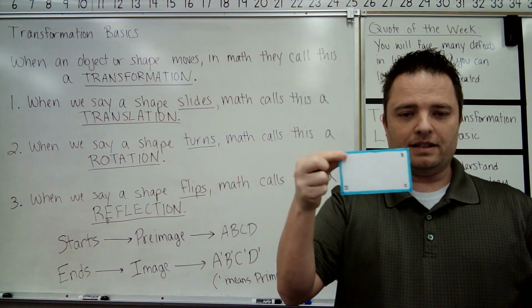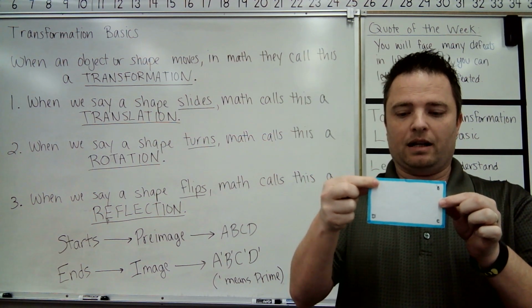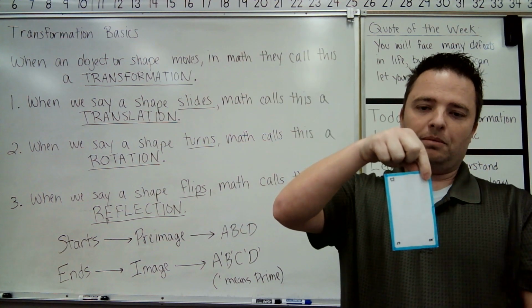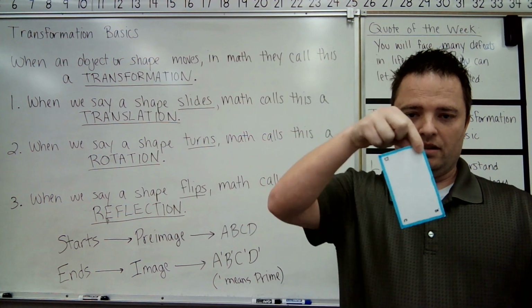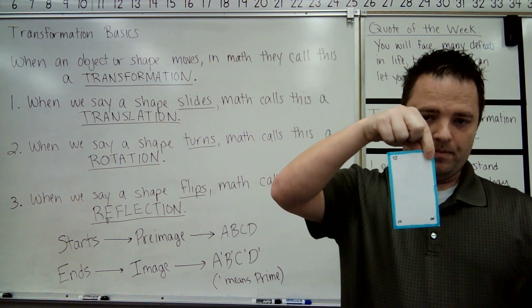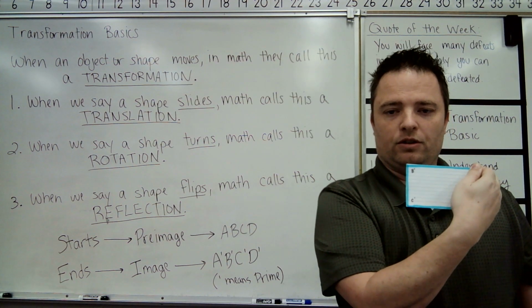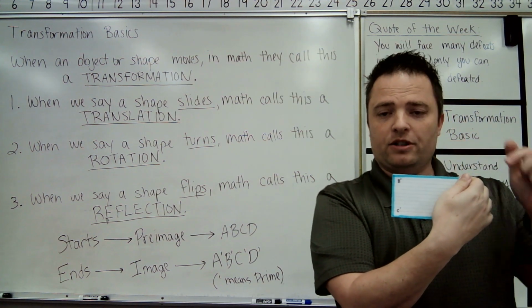But if you notice, if I take a different kind of movement, this A corner that I'm grabbing, and let's just say I rotate it clockwise, you'll notice it's no longer in the top left anymore. It started the labeling in the top left. Now what's in the top left is D. Okay? Or if I flip it over, you'll notice that what was A, which was in the top left, is now in the top right.